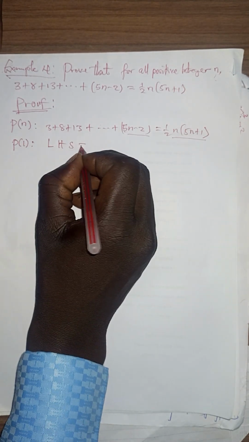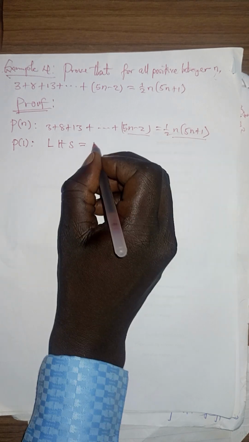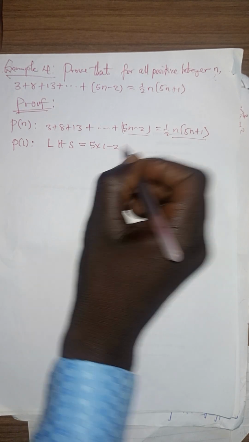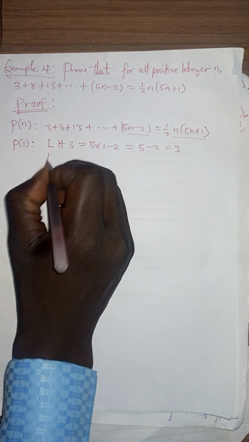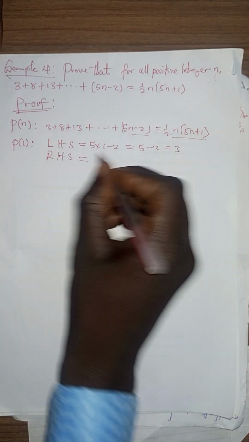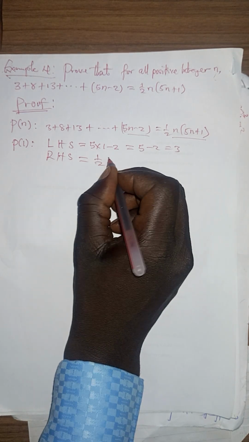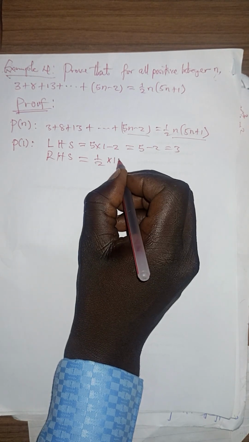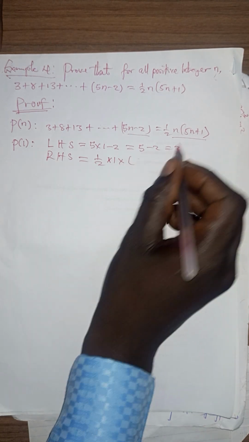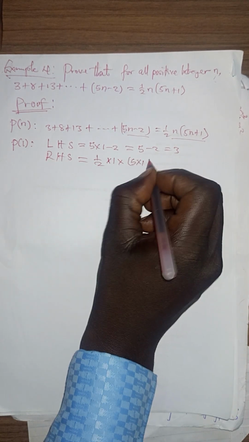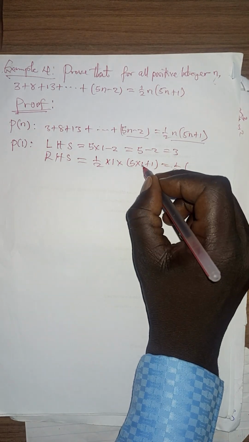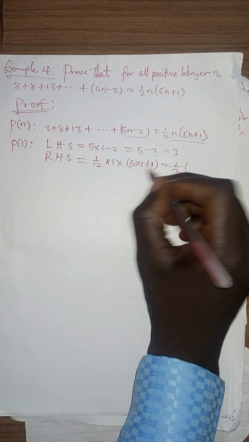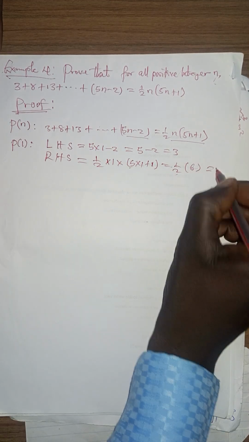For n equals 1, the left-hand side is equal to this one. So we have 5 times 1 minus 2, which is 5 minus 2, which is equal to 3. And the right-hand side is half of 1 times 5 times 1 plus 1. 5 times 1 is 5, plus 1 is 6, and half of 6 is equal to 3.